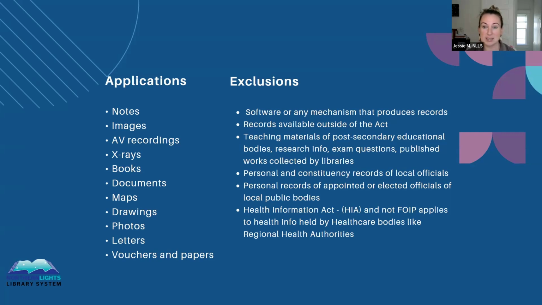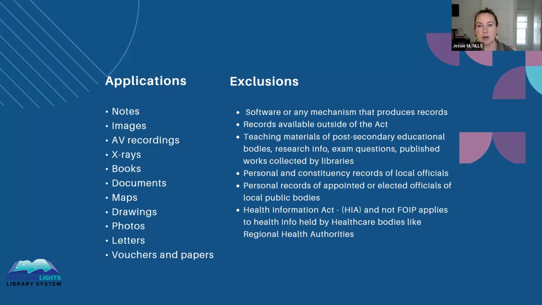So all of that you would probably not be able to get your hands on, and you also would not share. And then health information, there's a Health Information Act, the HIA, that applies to information held by healthcare bodies like the regional health authorities. So that is for the most part separate from anything that we would be requesting or sharing.